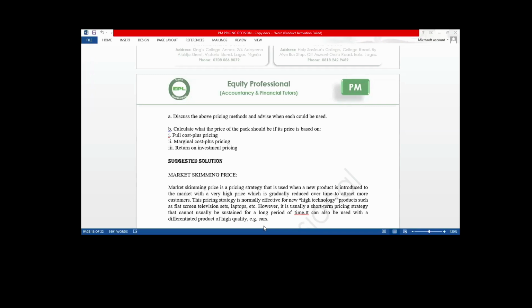All right, let's continue. Requirement B says, calculate what the price of the part should be if its price is based on 1, full cost plus pricing, 2, marginal cost plus pricing, and 3, return on investment pricing.